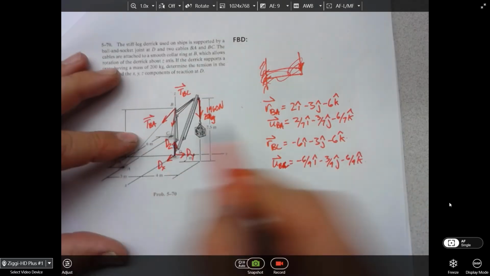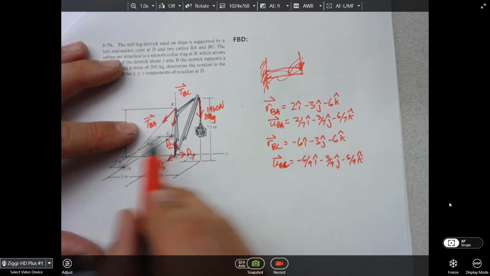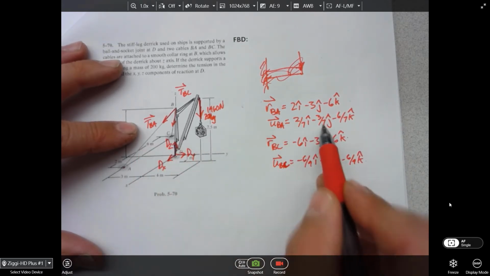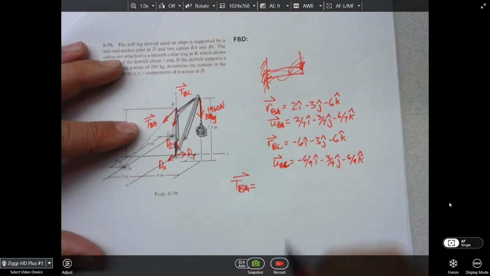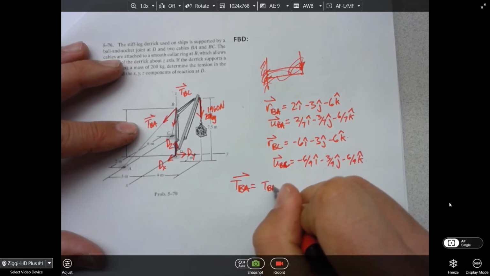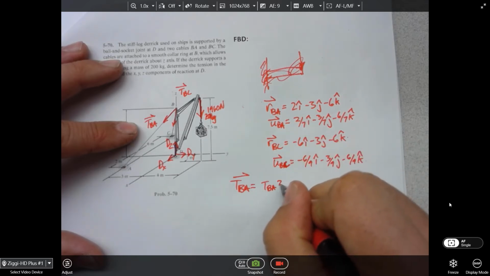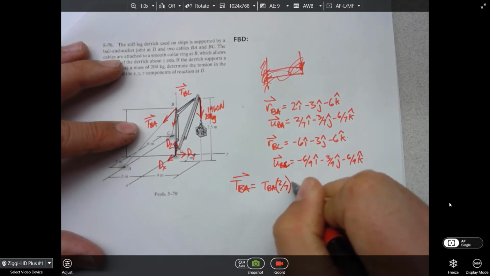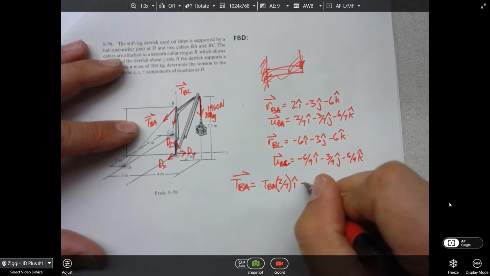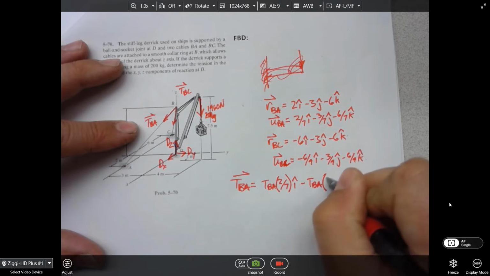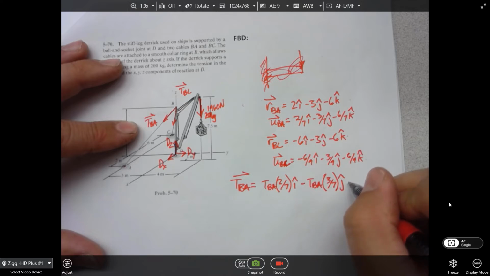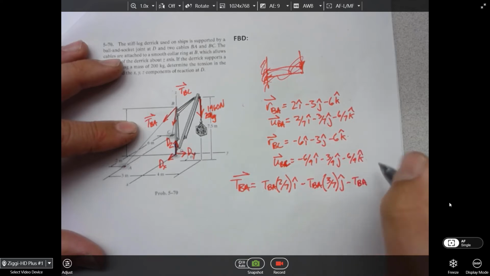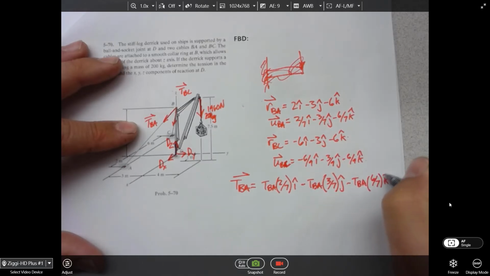So what this tells me is that I need to put TBA in vector format. I just multiply it by its unit vector. So the vector TBA is going to be the magnitude TBA times 2/7 in the I hat direction minus TBA 3/7 j hat minus TBA times 6/7 k hat.